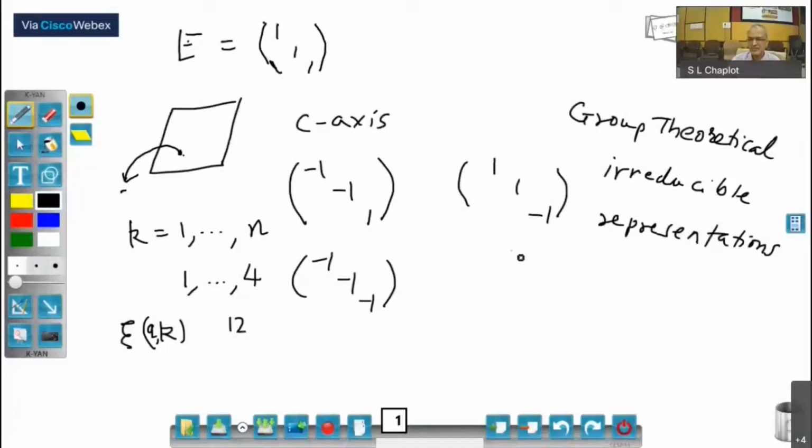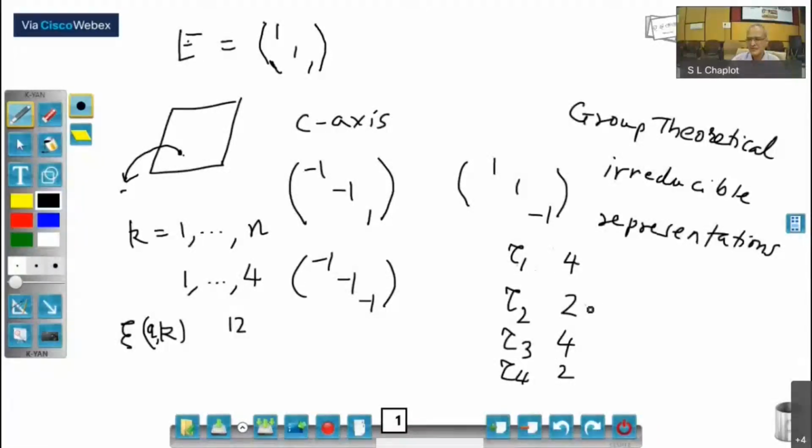Typically, let's say there are 4 of them, so you can say these are 4 categories, or a 4-fold classification. So all the 12 phonons will be divided amongst these 4 different categories. Each of them may have a certain number. It could be, for example, 4 of type tau 1, 2 of this, and so on.